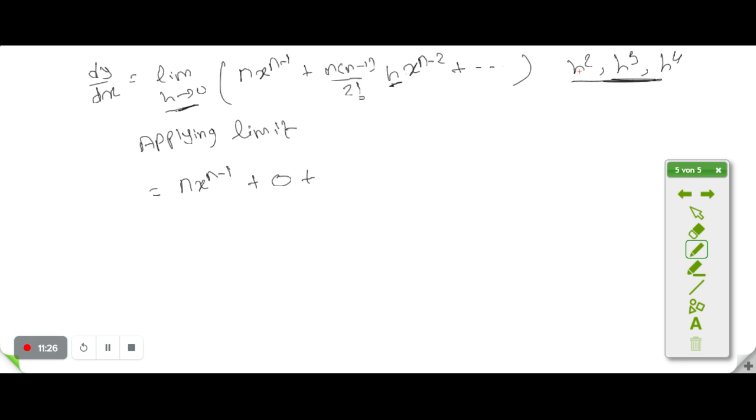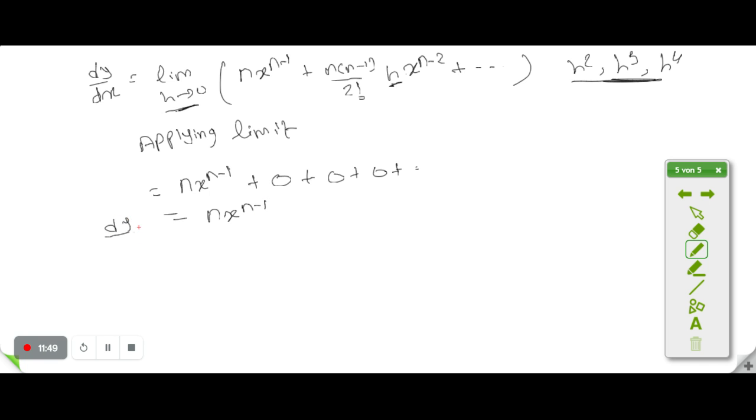And the third term has the h squared, if we have it from the binomial theorem, it will be h squared after cancelling out that h, right? So h squared will remain. Similarly, it will be 0 for the rest of the terms. And if we add up, what we get is n into x raised to n minus 1.